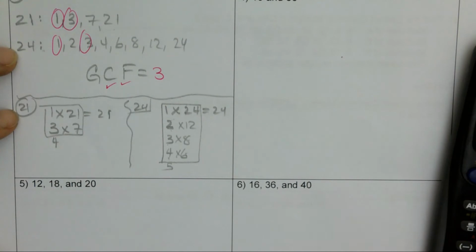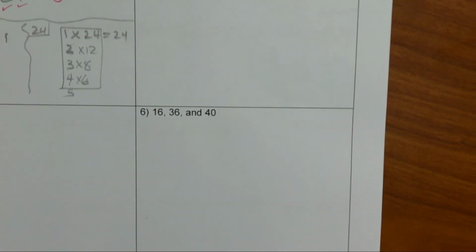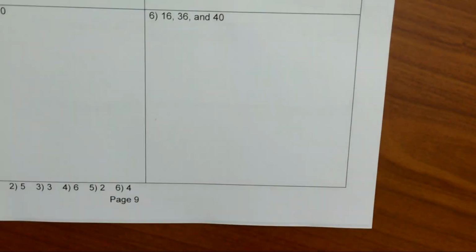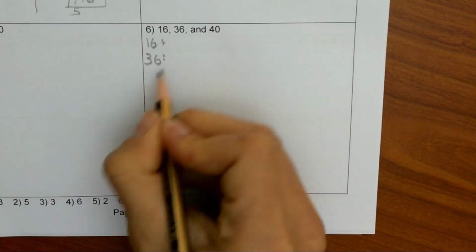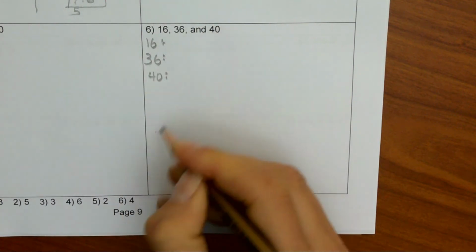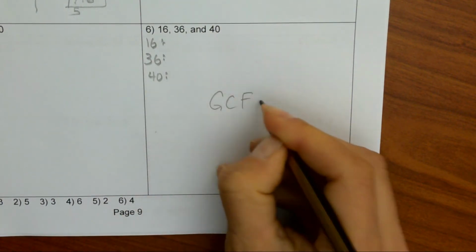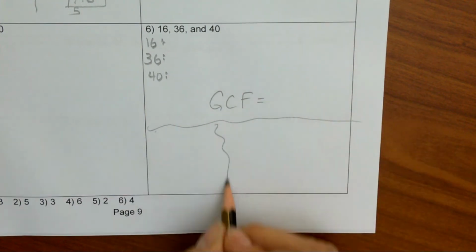So now we need to do question 6. So 16, 36, 40, GCF, and then we're going to find the factors.